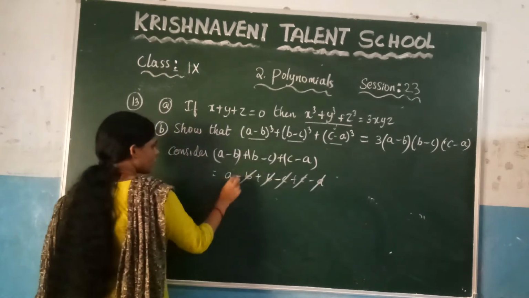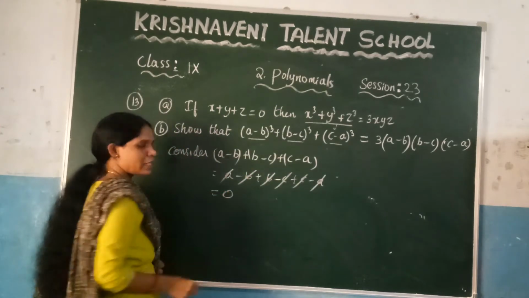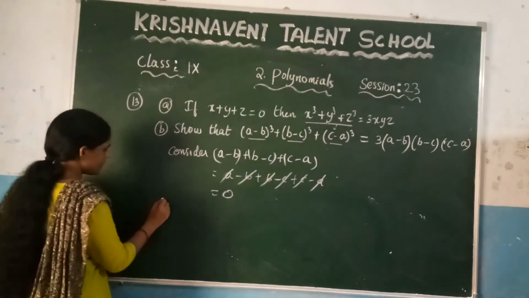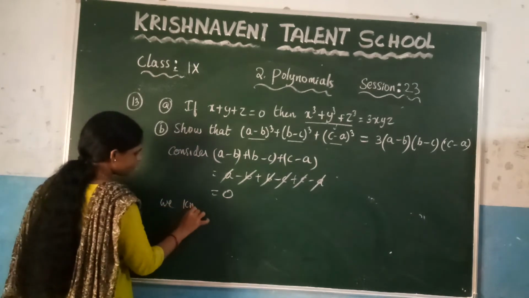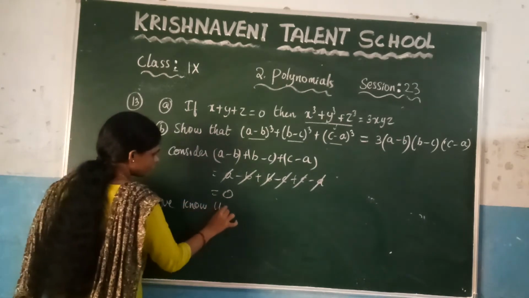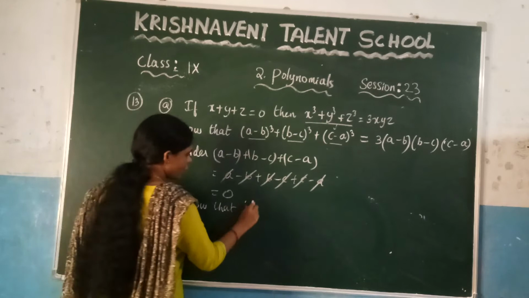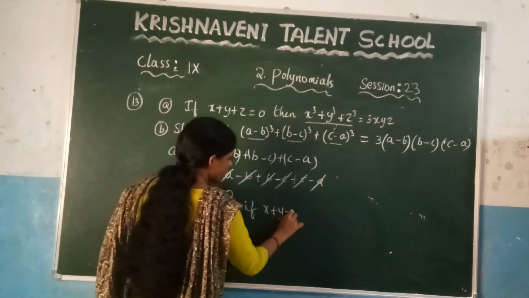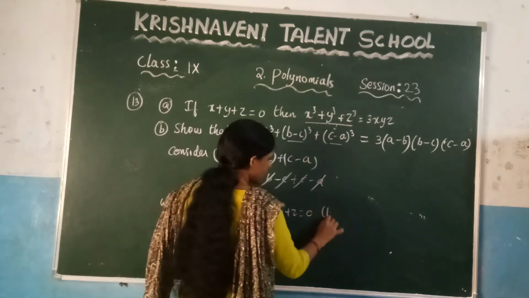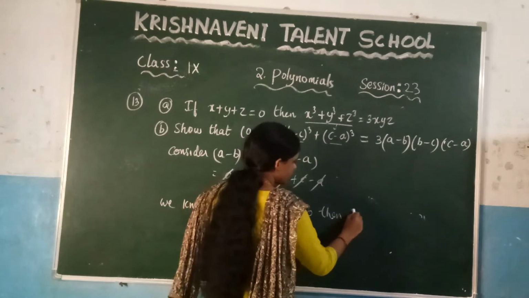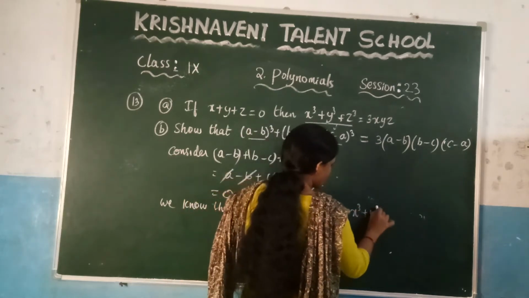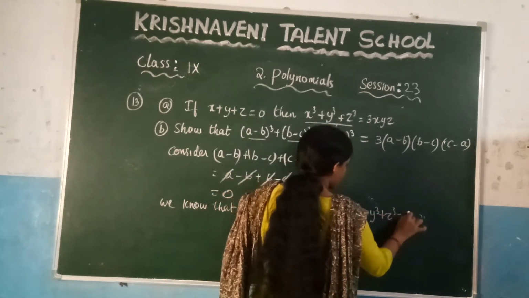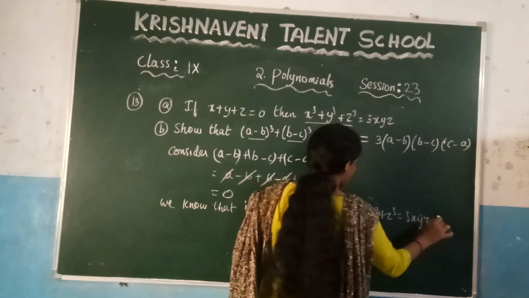These all will get cancelled and you are getting the result as 0. And here write it. We know that if x plus y plus z is equal to 0, then x cube plus y cube plus z cube is equal to 3xyz.